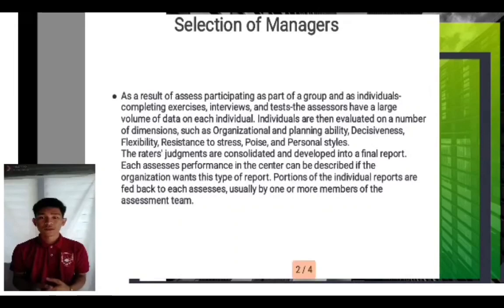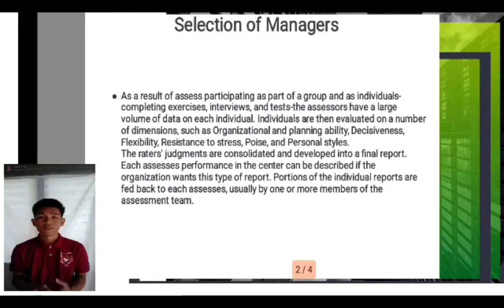The assessors have a large volume of data on each individual. Individuals are then evaluated on a number of dimensions, such as organizational and planning ability, decisiveness, flexibility, resistance to stress, poise, and personal styles. The raters' judgments are consolidated and developed into a final report.